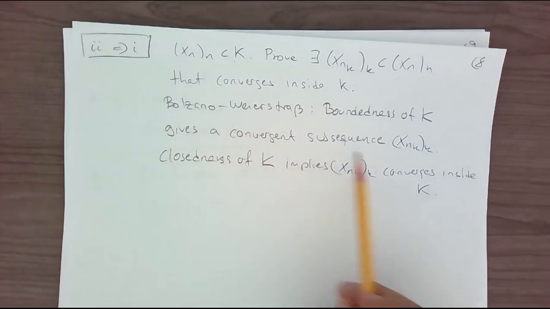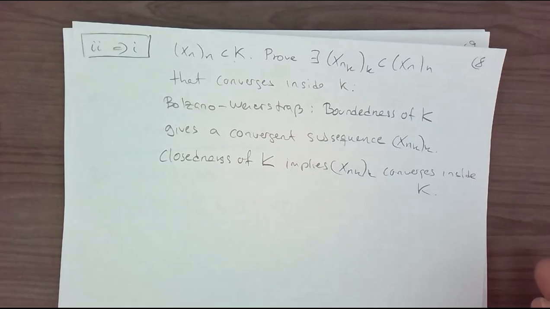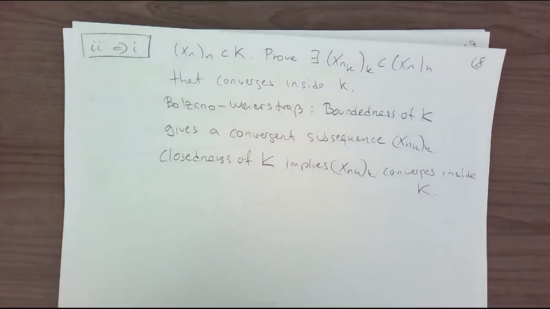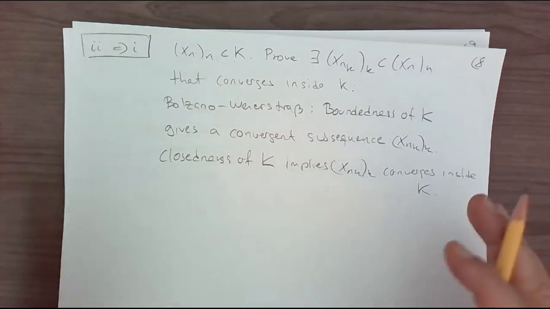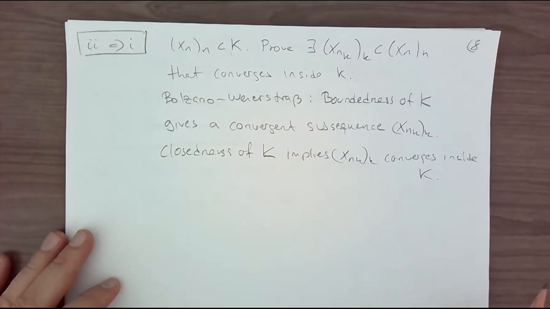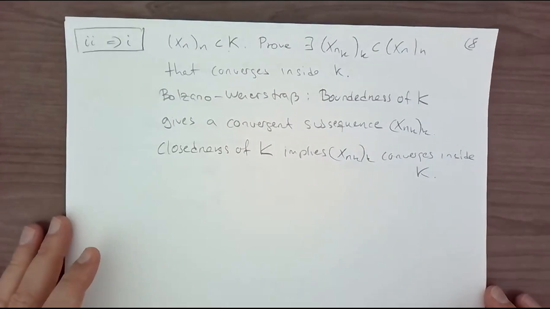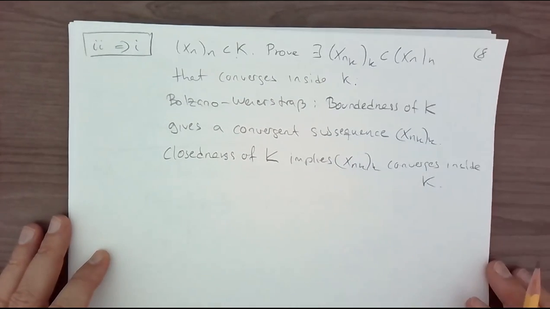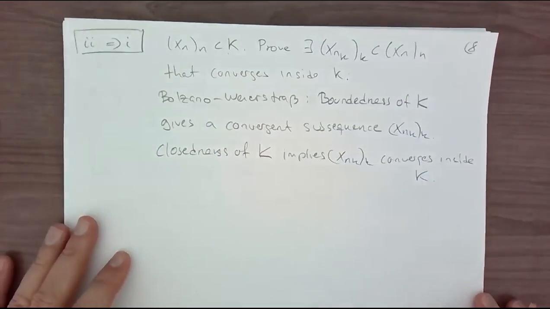Everything is hidden in the Bolzano-Weierstrass theorem: when you have a bounded set in R with an infinite number of points, you can extract a convergent sequence from it.